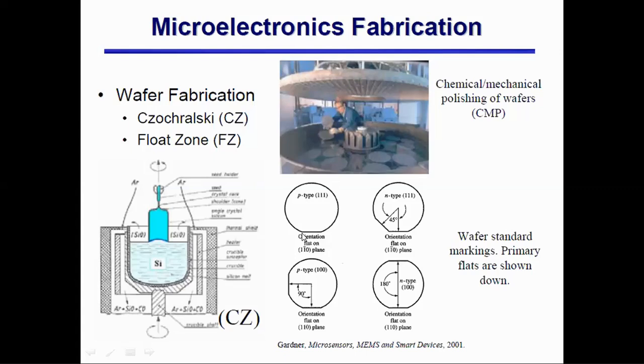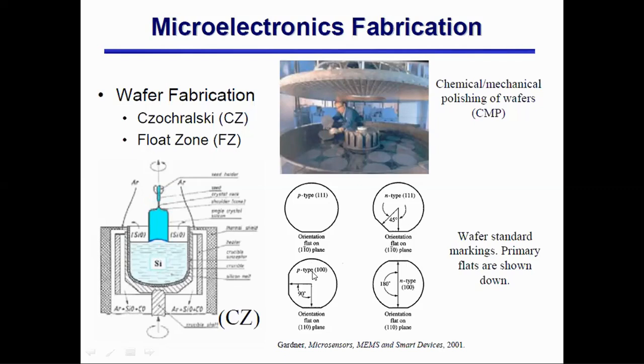And on the other side, this cutting side, this flat side represents another plane, and this plane is the 110 plane. The orientation of this flat represents the 110 plane. Similarly, here you see an N-type silicon wafer, the top surface is made of the 111 plane, and the flat represents the 110 plane.